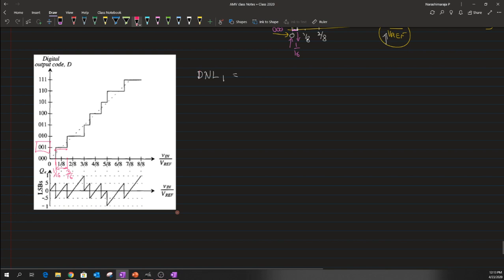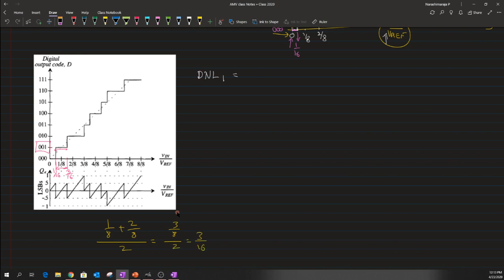Let me work it out: the mid value between 1 by 8 and 2 by 8, that is 2 by 8 divided by 2, ends up being 3 by 8 divided by 2. So 3 by 16 is the mid value between these two points.